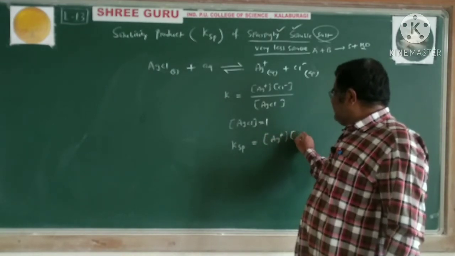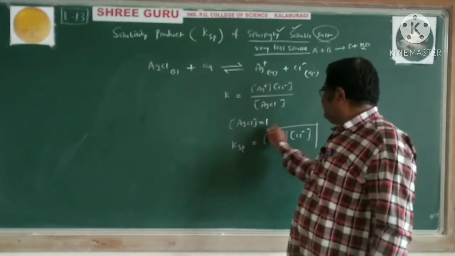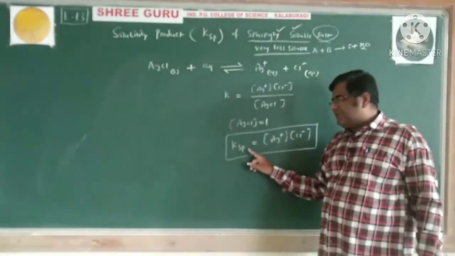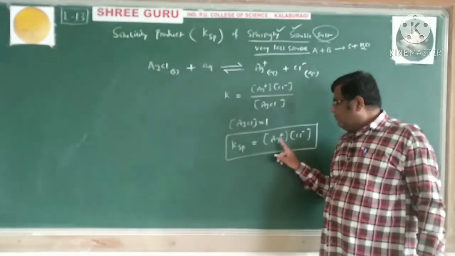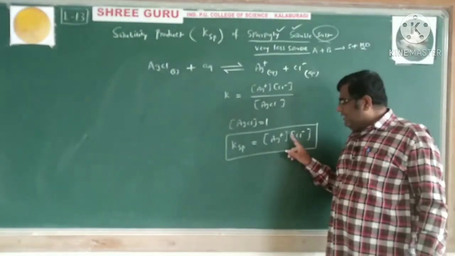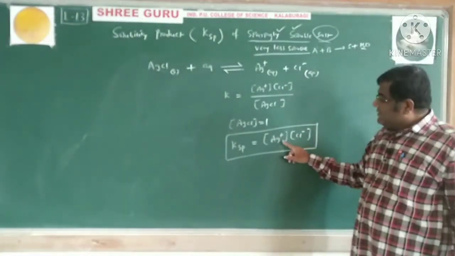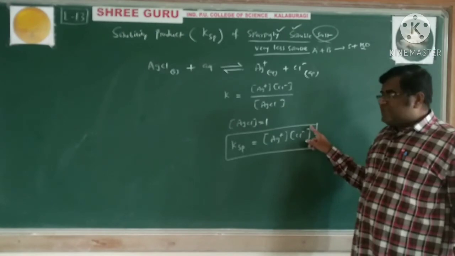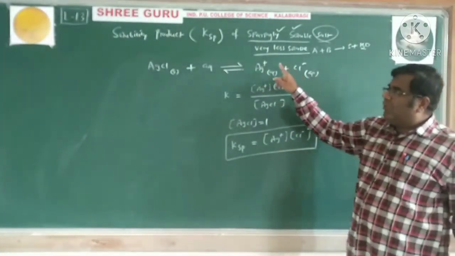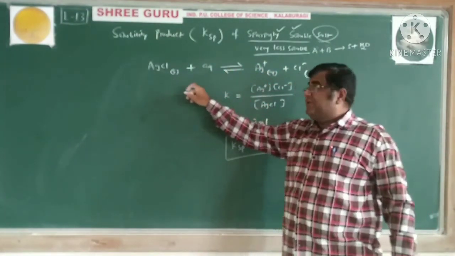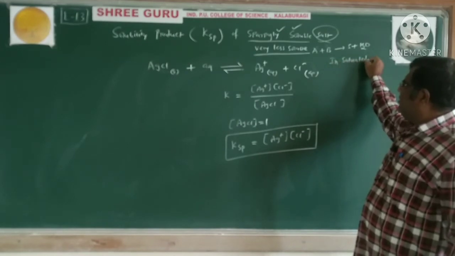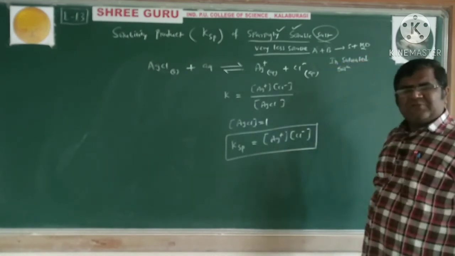Ksp equals Ag plus times Cl minus. So this is called the solubility product. How to define it? It is equal to the product of molar concentration of cation and anion raised to powers, which are nothing but the number of ions formed from 1 mole of salt in a saturated solution. Because only in a saturated solution can this equilibrium be established.